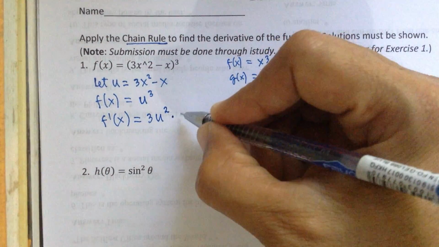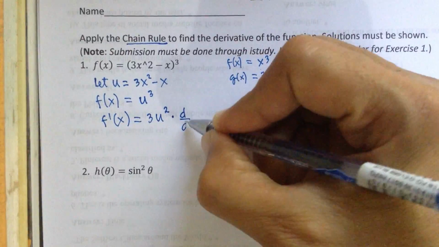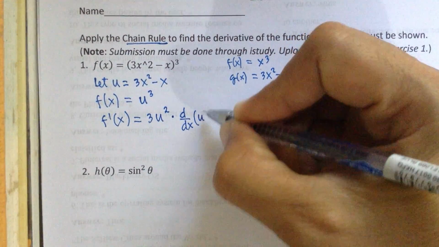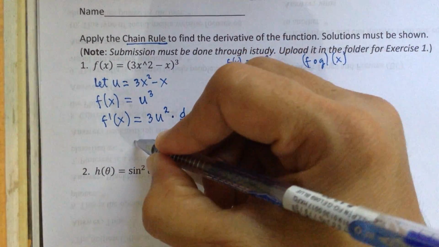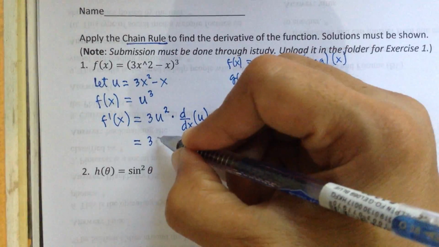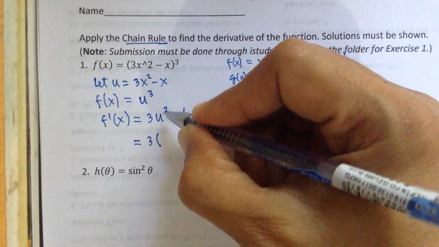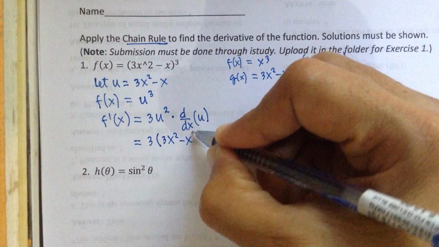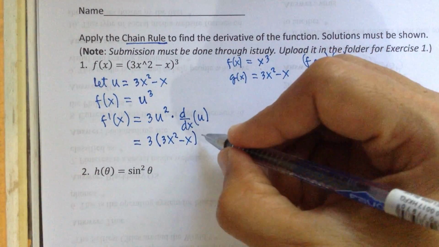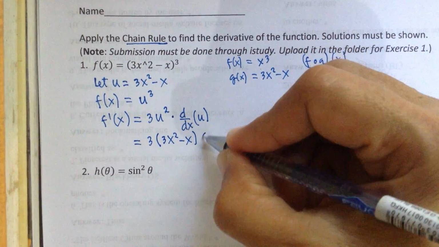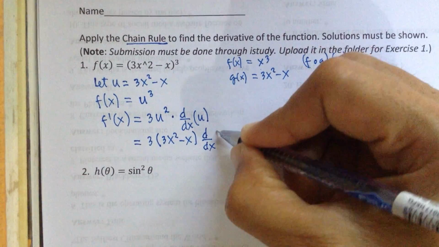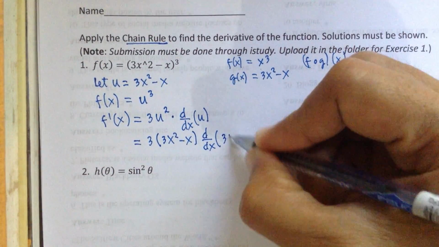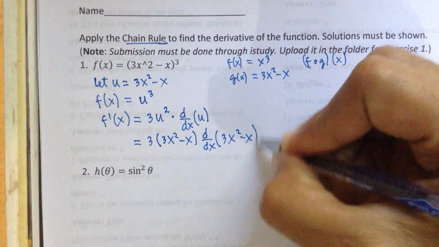But according to the chain rule, you have to find the derivative of your u. So it is equal to 3 times, you can put back now the u, so you have 3x squared minus x, squared, times the derivative of your u, which is, your u is 3x squared minus x.